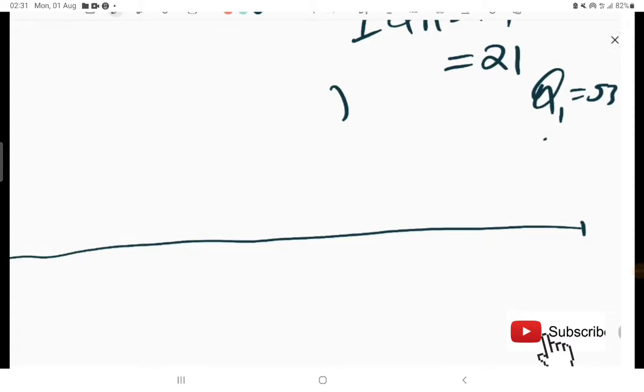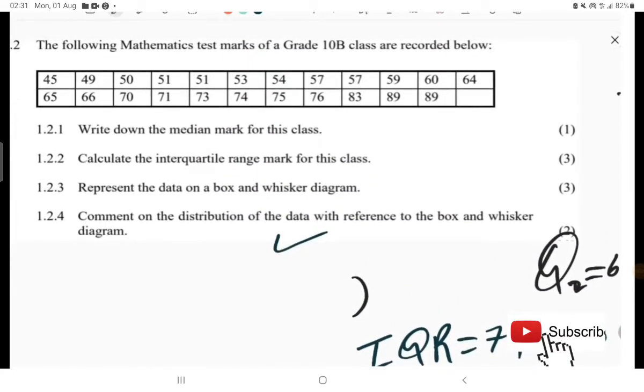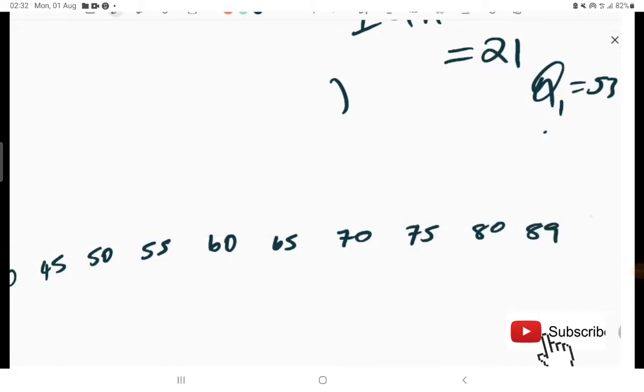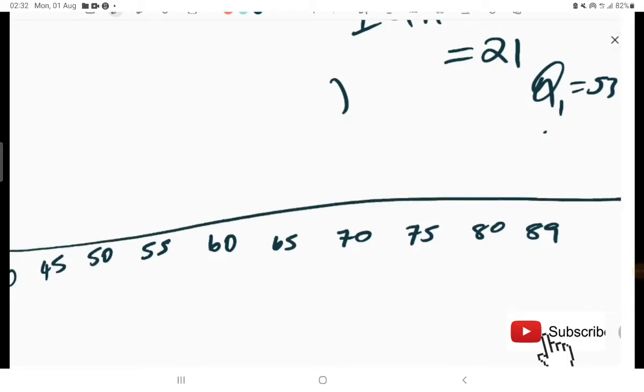If we have 45 as our minimum value, we can start with 40, then 45, 50, 55, 60, 65, 70, 75, 80, 85, then 90. So we have this now.